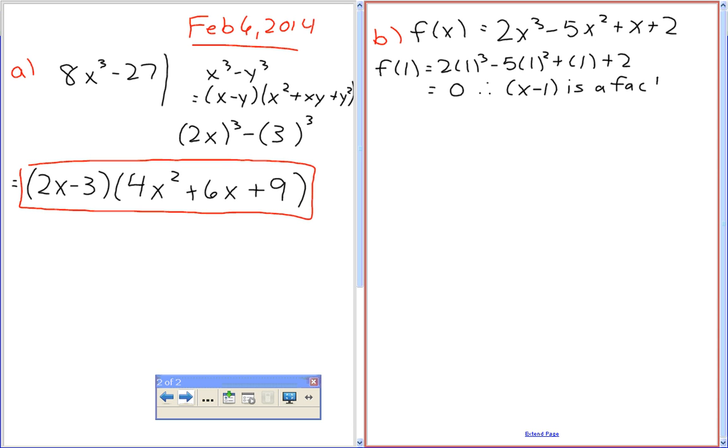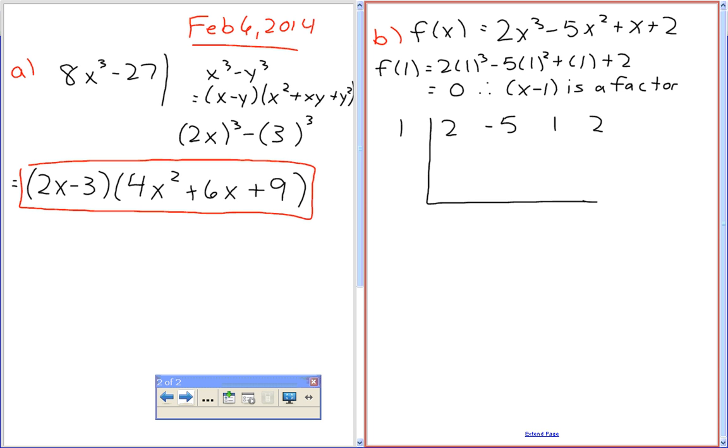Do you want to use synthetic division? Okay, you guys remind me how to do it because I always forget. Does synthetic division go like this? Oh, it's this way. Now you put just the numbers. I can't remember if you add or subtract.